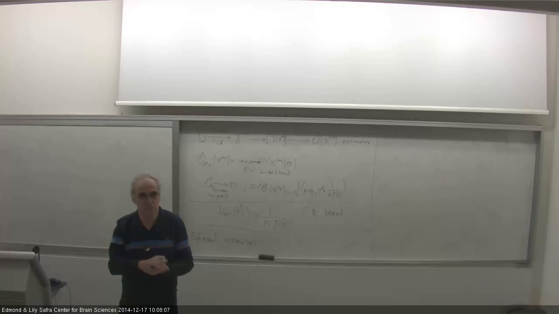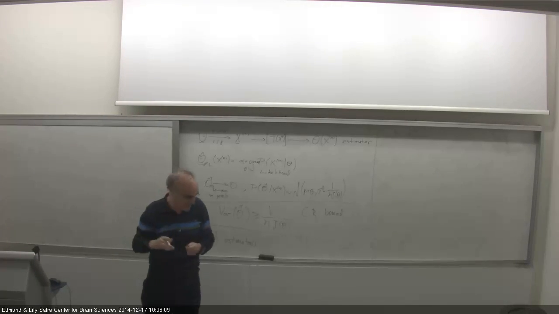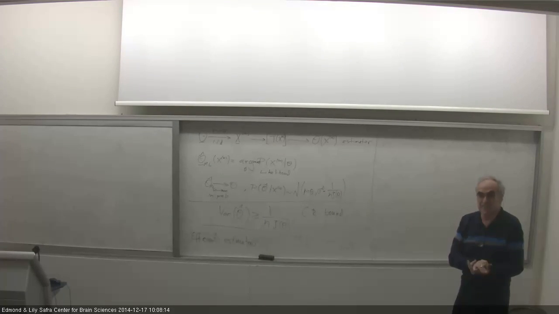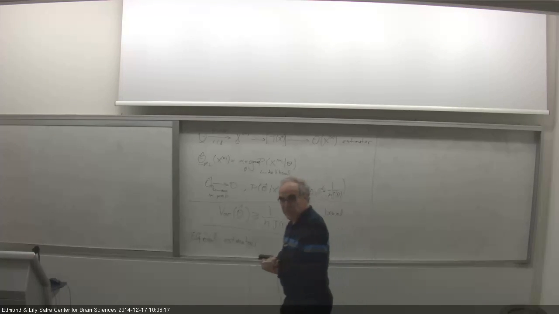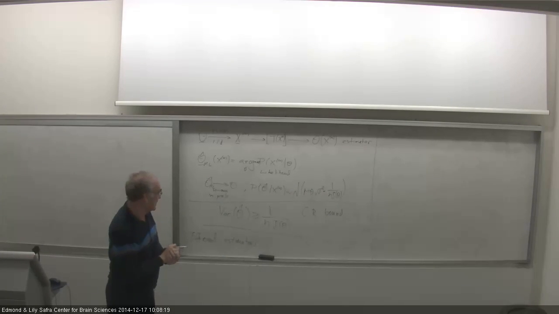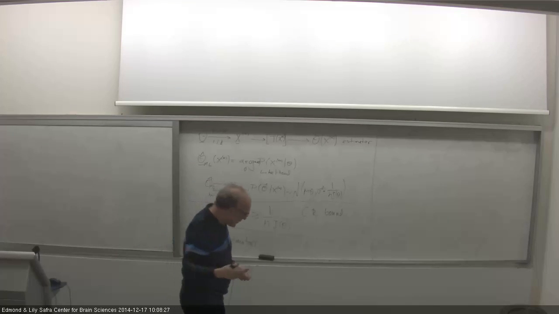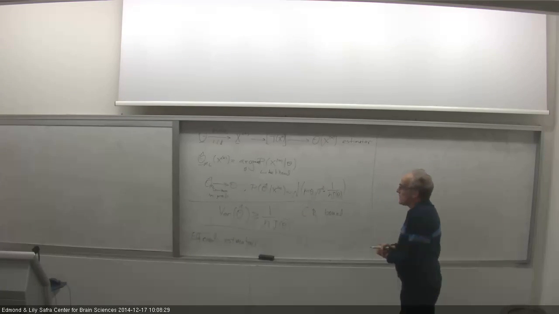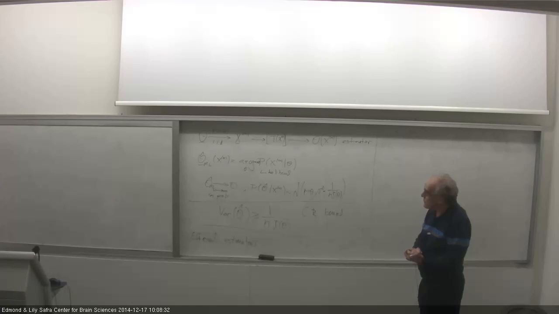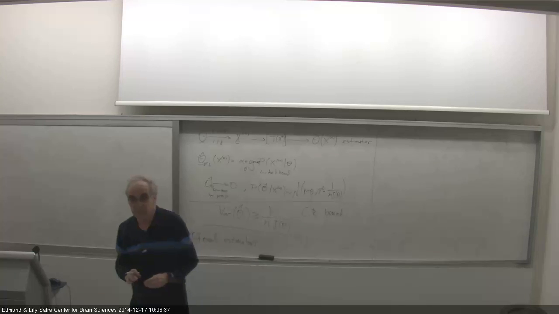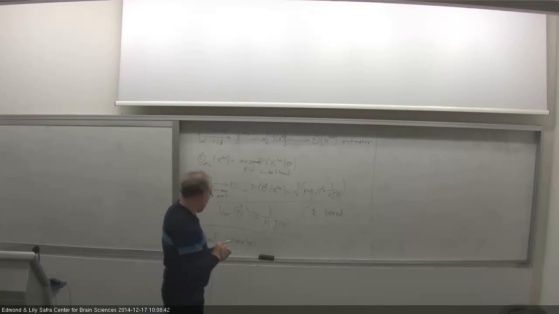For a very small derivative of the bias, the bound can be meaningless. It can tell you something which has no meaning whatsoever, like the variance is positive. But if you have high sensitivity, then this bound can be very important. There are many applications of this generalized Cramer-Rao bound to the case of biased estimators, which are very useful and are used in neuroscience now very often. So again, for the computational neuroscience people here, this is useful.